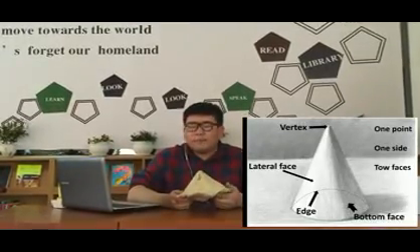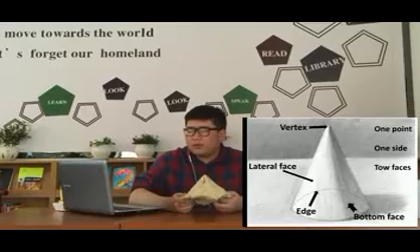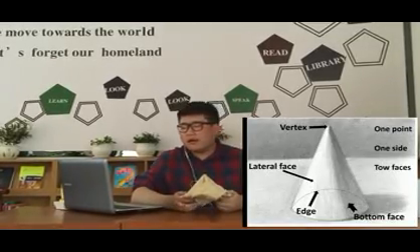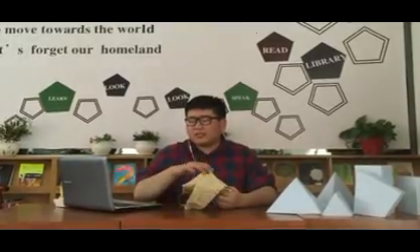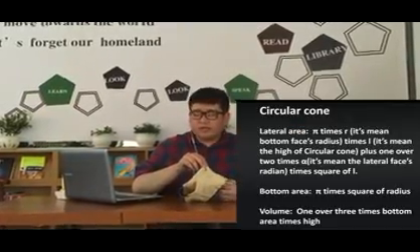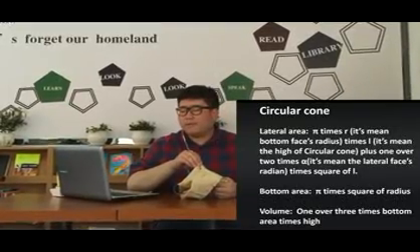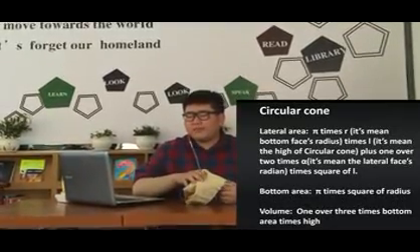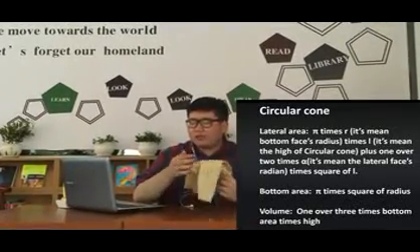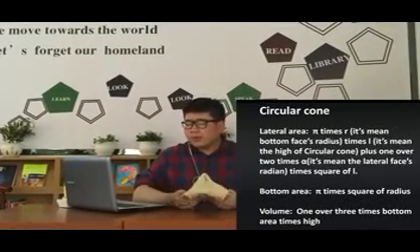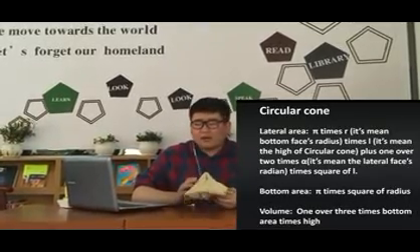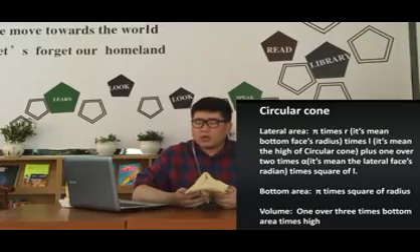It is the bottom's perimeter. Its lateral area formula is pi times r. R means the bottom face radius, and times L. L means the slant height of the circular cone.